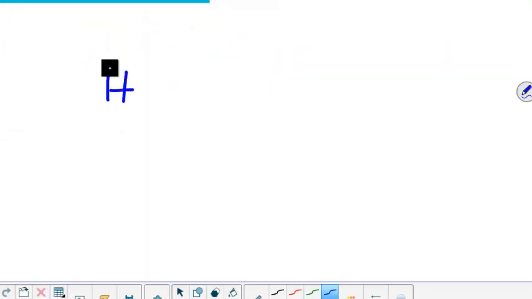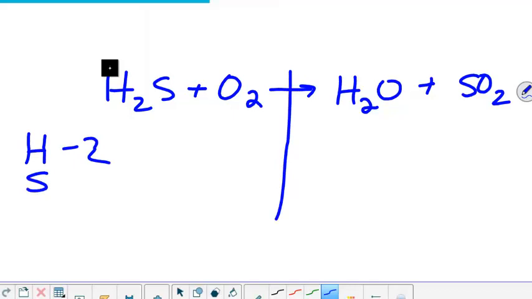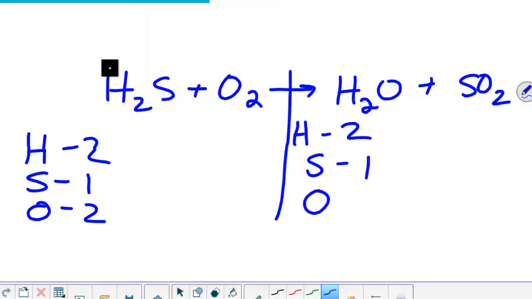So H2S plus O2 goes to make H2O plus SO2. We draw a wall and we list and count. O's are what I call funky because there's 1 in this compound and 2 in that compound there.